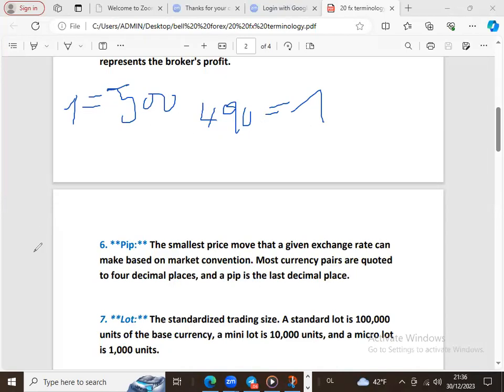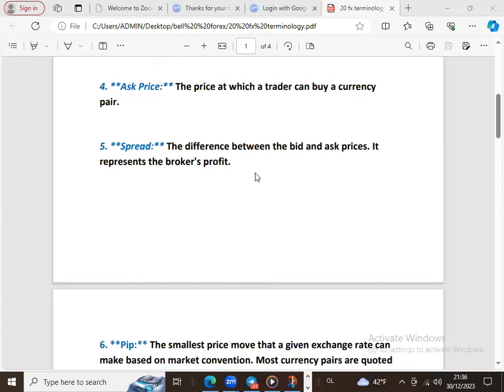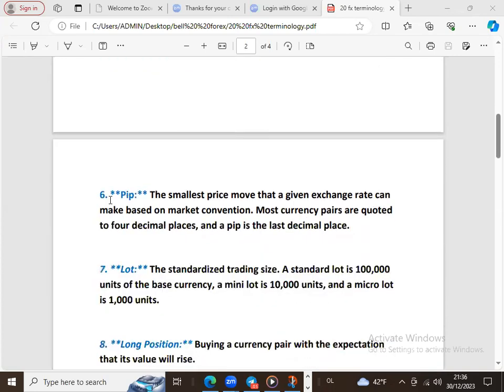And that's what they benefit from, that margin. So the forex brokerages that you trade with will be charging you the spread, which you are going to be paying, and it's the difference between the ask and the bid price. So it's very easy to understand that way.